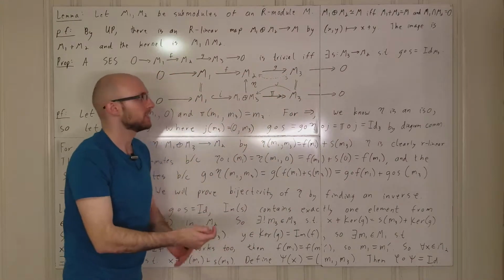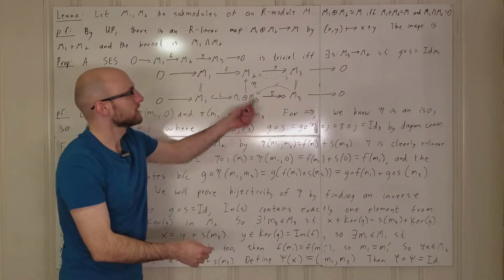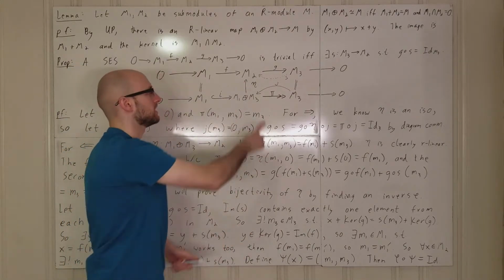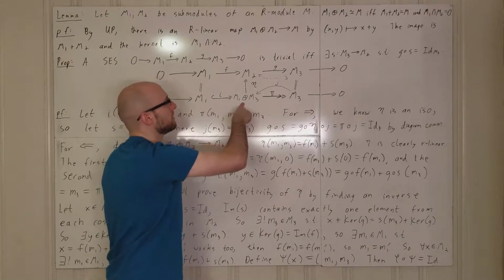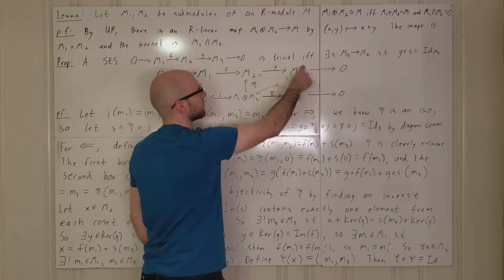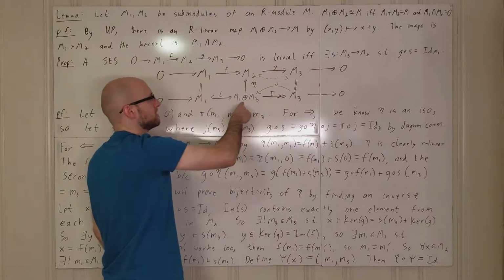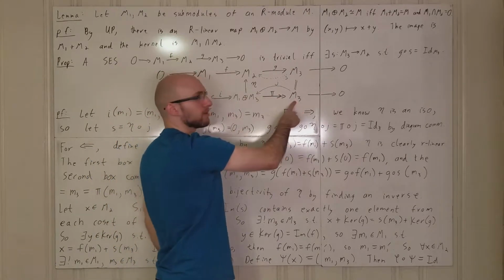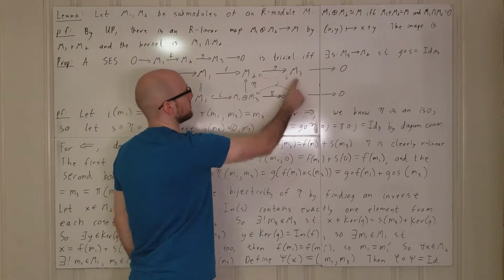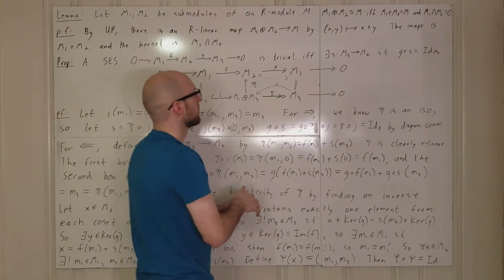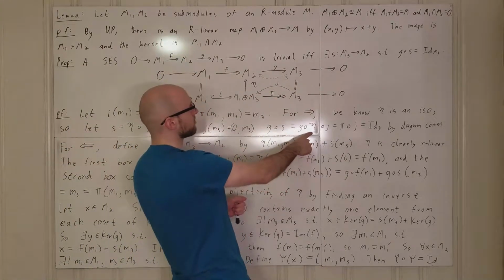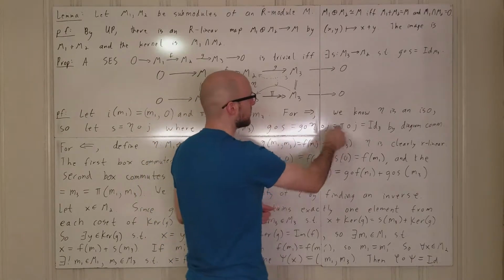But since this is a trivial short exact sequence, we know by assumption that this box here commutes, i.e. if we start here and go here through eta and here through G, that's got to be the same as going directly to here through pi, because these two are the same, and that's what it means for this box to commute. So, in other words, we can take this G composed with eta and replace it with pi.